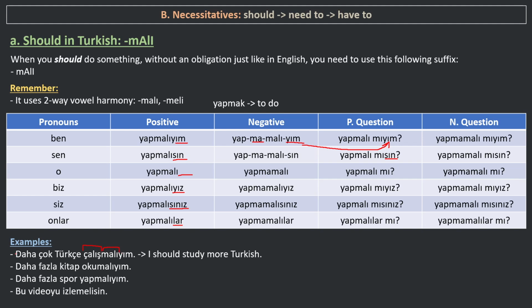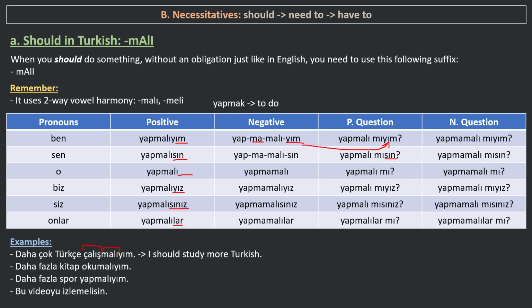In this sentence, the person or the pronoun is not clear because, depending on the context, most of the time we don't use it. This is also the same case in Spanish, in Italian, maybe other languages. We also don't use the personal pronouns. You can say ben çalışmalıyım, or you can just say çalışmalıyım. Okay?